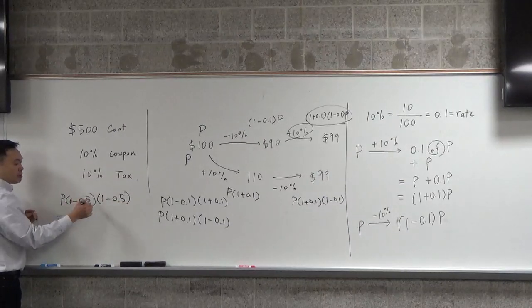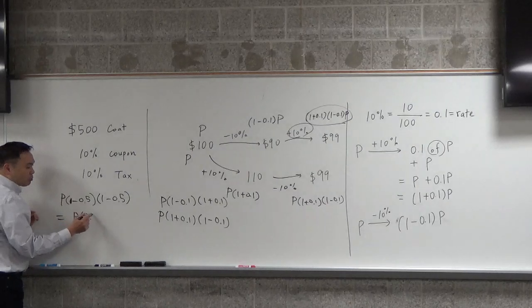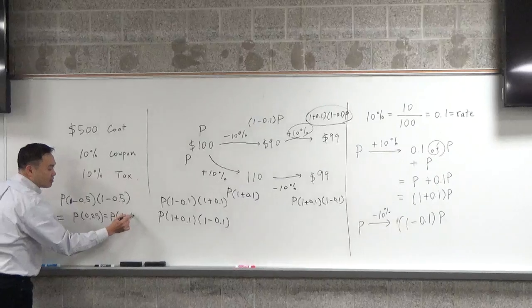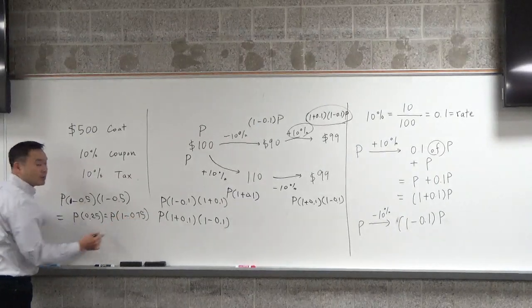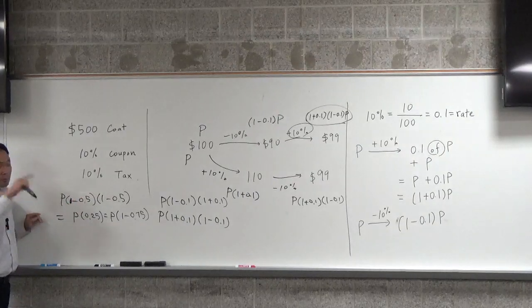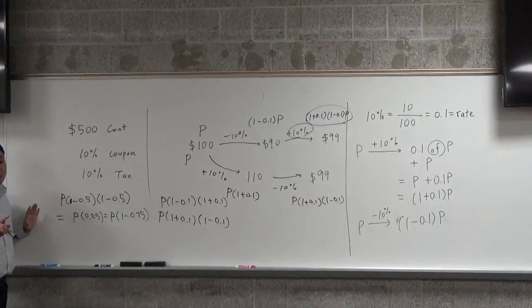And if you compute this much, that's 0.5 times 0.5, so that's the same as P times 0.25, which is equivalent to P times 1 minus 0.75. All right? So you know that this 250% coupons applied means you actually get 75% off, not 100% off. Is that good? Yes.